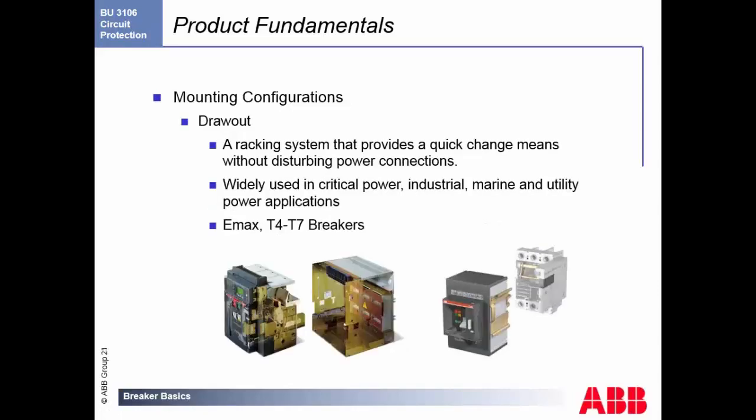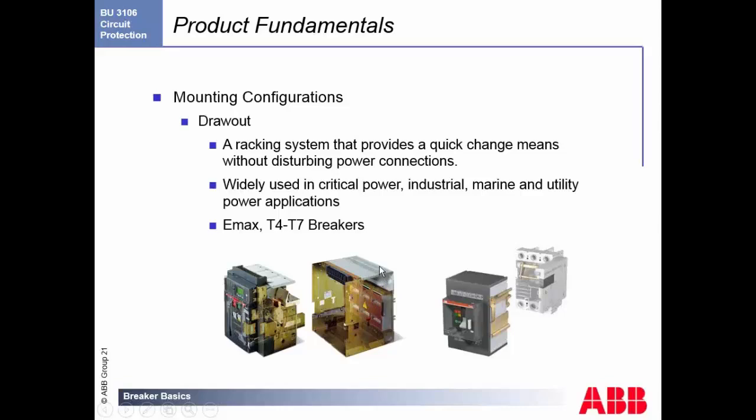We have the mounted configuration of a drawout. This does require the racking system, which means that you have to have the breaker and a cradle, and you must rack the breaker into the cradle where the power is coming in. Again, this is where our isolation walls are very important, because you have your bus bars carrying the service 600 volts or what have you at an extraordinarily high current, and this is something you don't want to expose anybody to.